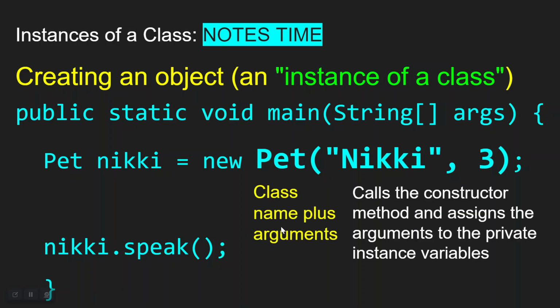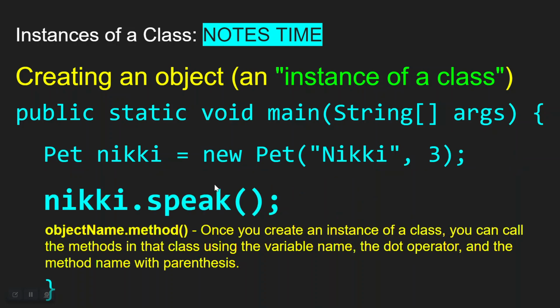So it's the class name again, plus what are called your arguments. This calls the constructor method and assigns the arguments, "Nikki" and the number 3, to those private instance variables. So that's a breakdown of what each component of a line of code like this means to instantiate an object of a class.